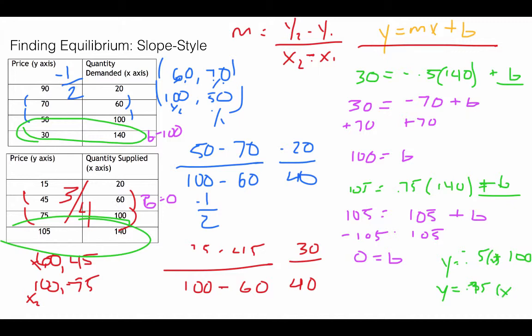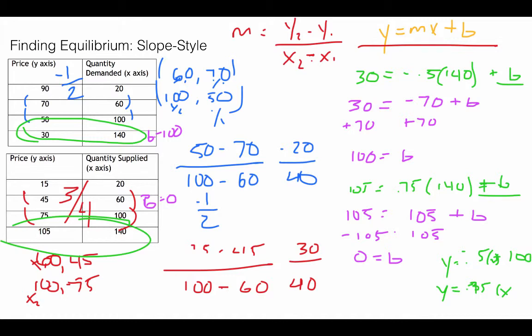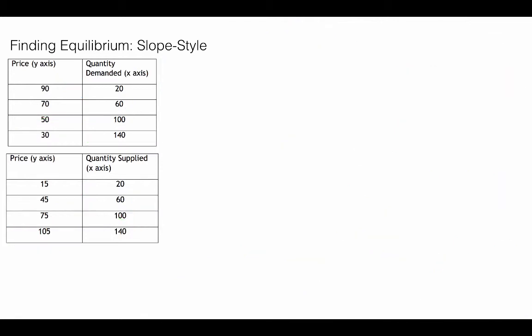There's an x there too, I forgot that. So what I need to do next is start erasing. This is the important stuff, and I will write that down again.